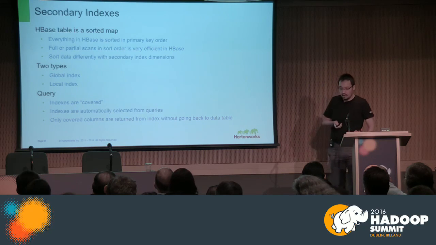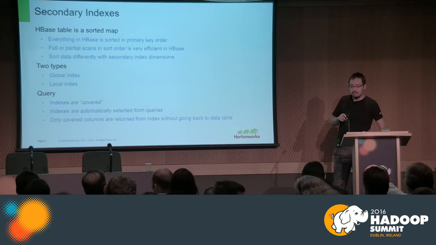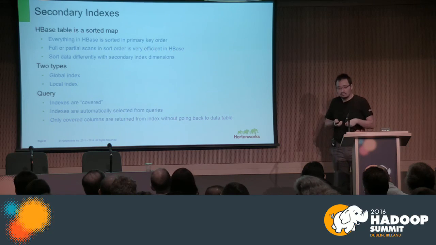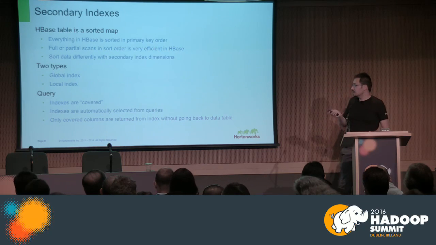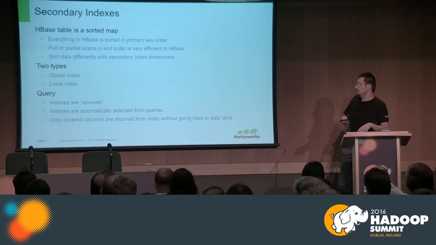So when you define an index on top of an existing table, if it's a global index, we will create another HBase table for you, and that HBase table will have the sort order that you define for your secondary index.